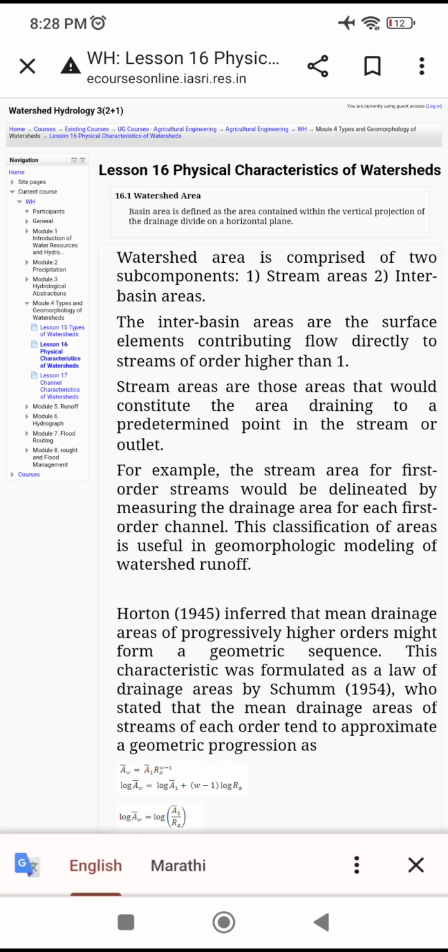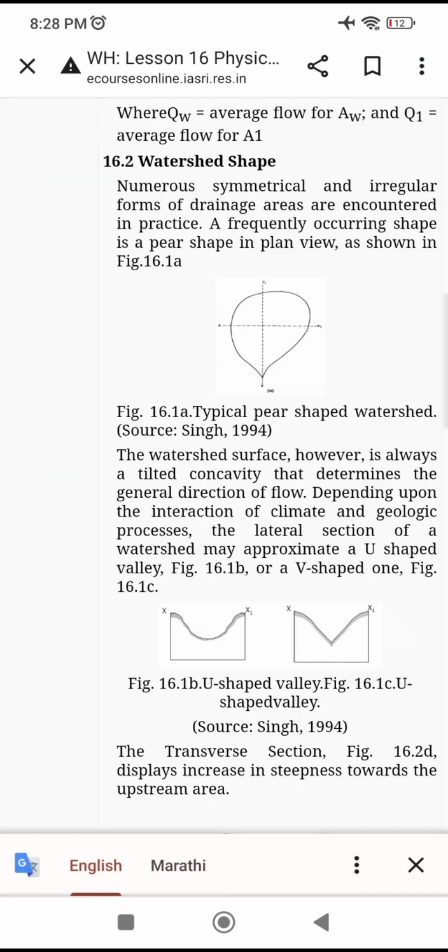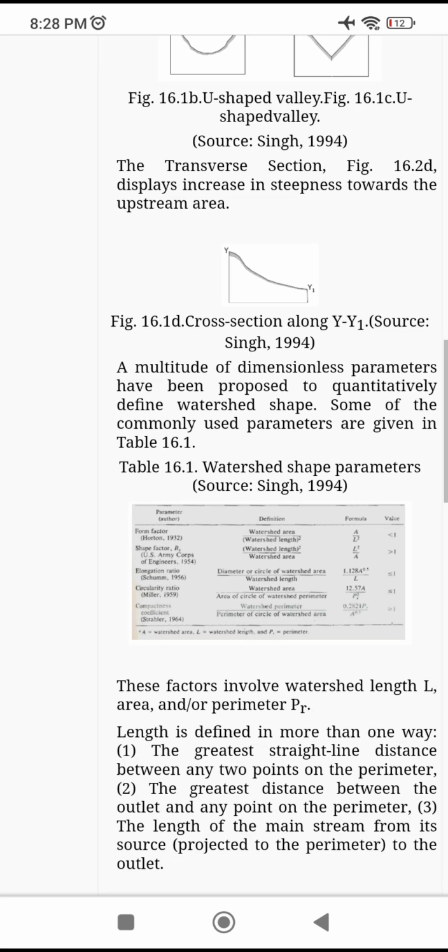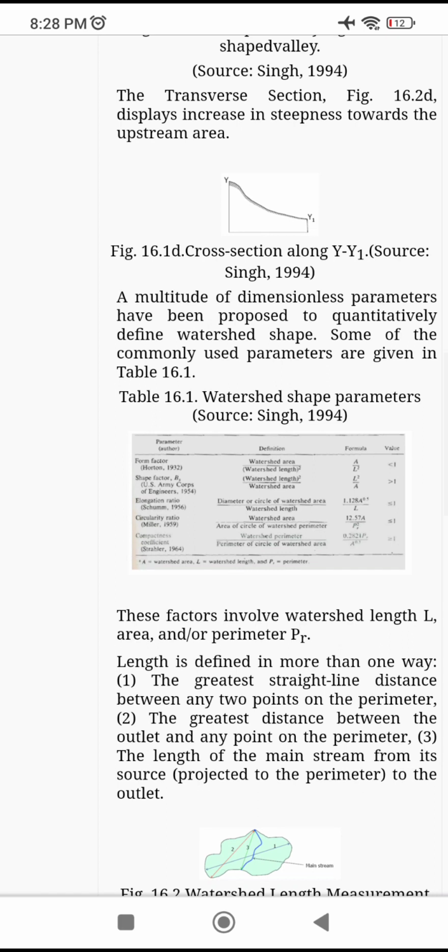Then physical characteristics of watershed: watershed shape, then form factor is watershed area divided by watershed length squared. Then shape factor, watershed length squared divided by watershed area. Elongation ratio, diameter of circle of watershed area divided by watershed length. Then circulatory ratio, watershed area divided by area of circle of watershed perimeter.